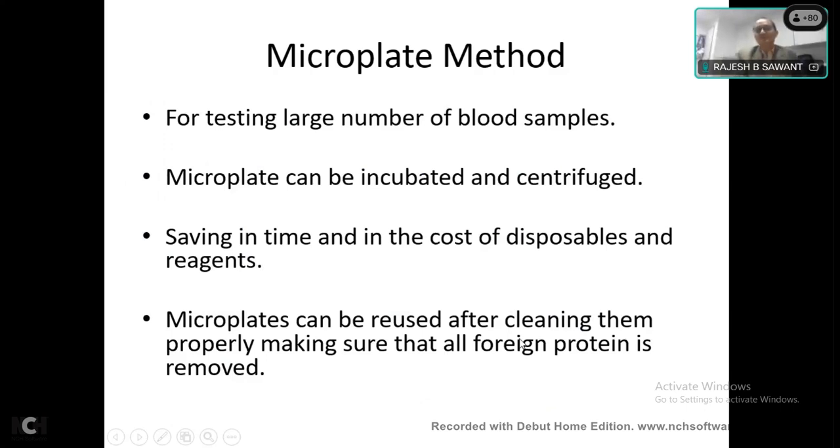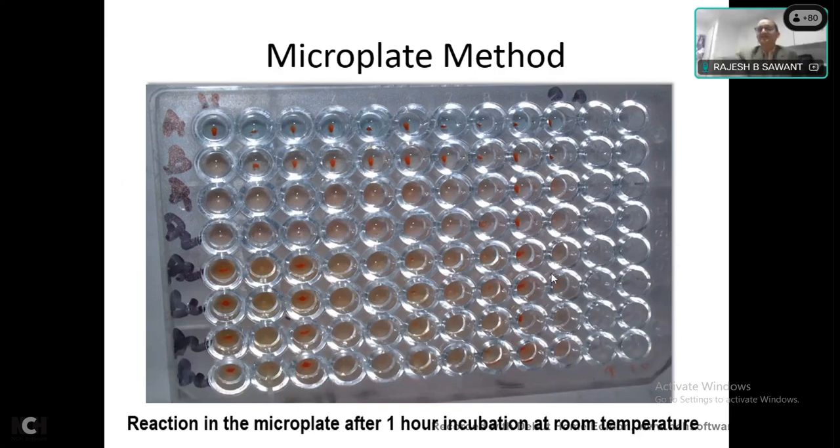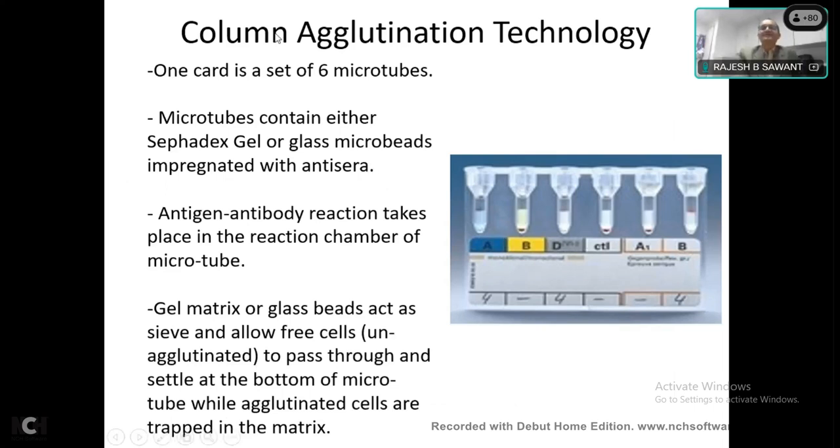So actually, when I was a student, we had a lot of microplate methods that were available. They can be reused after cleaning also, and actually it gives good results, and turnaround time is also good for batch testing, basically, right? So that is the microplate.